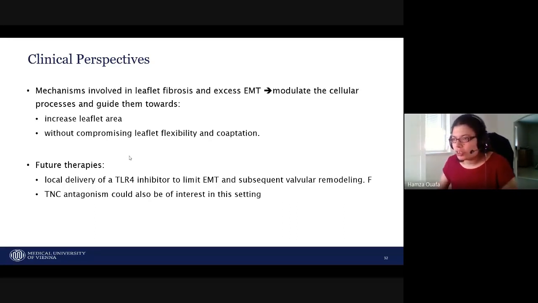So future therapy options might be local delivery of a TLR4 inhibitor, which would limit the EMT and subsequently the valvular remodeling. Or the holy grail, Tenascin-C antagonism, could also be interesting in this setting because we would not only be targeting the leaflets, but we would also be targeting the left ventricle. So we could be taking ischemic mitral regurgitation as a whole, targeting the myocardium, but also the valves.